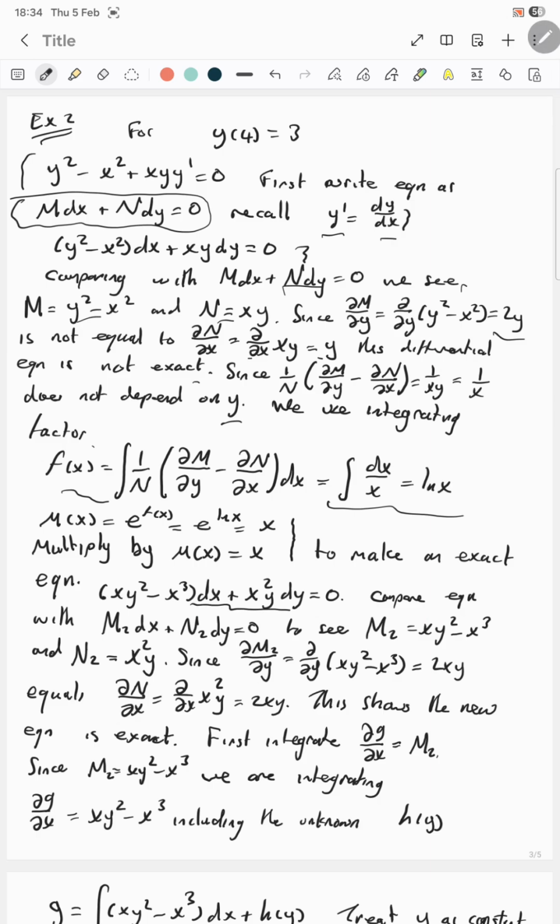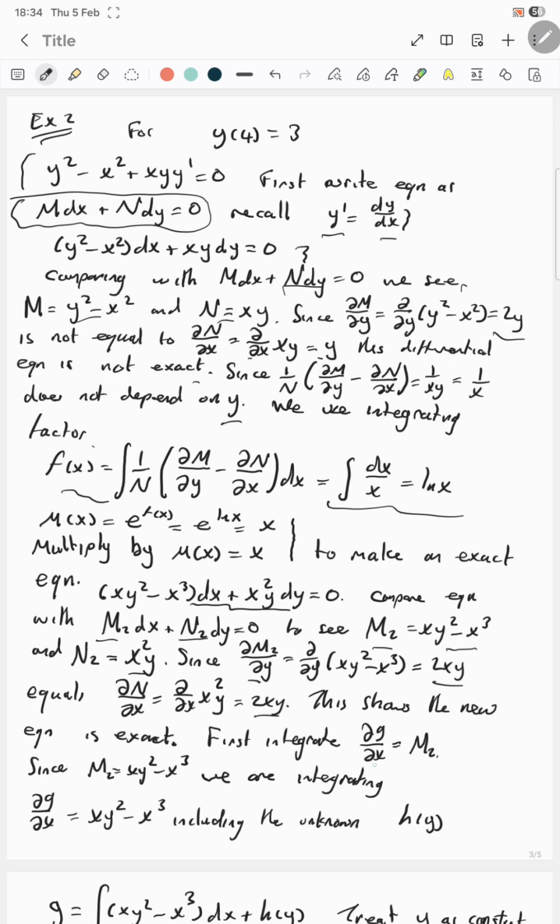We compare this equation with our original ansatz to see that M2 equals this. Now N2 equals x squared y, and since the derivative of M2 with respect to y equals 2xy equals dN2 by dx equals 2xy, this shows the new equation is now exact.